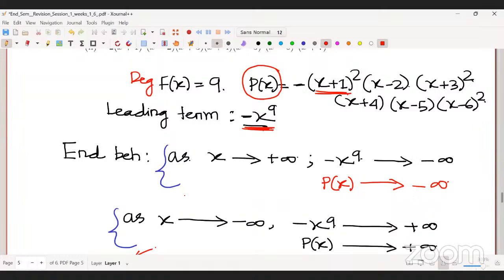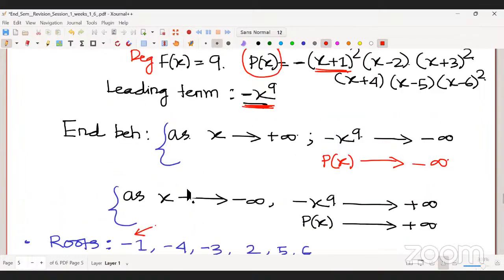So this power is precisely the multiplicity of -1. The multiplicity of -1 is 2, and the multiplicity of -4 is 1. The multiplicity of -3 is 2. The multiplicity of 2 is 1. Then 1, and it's 2, right?